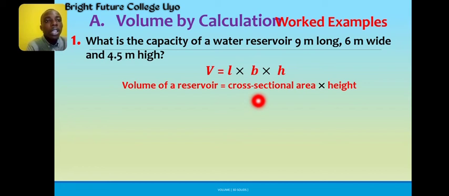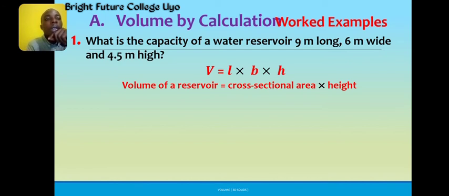If we are asked to calculate the area of this tank, we will just compute 9 times 6, and that's 54 meter square. That's the area. But volume is LBH, and LB is area on its own, because it's a rectangular tank.